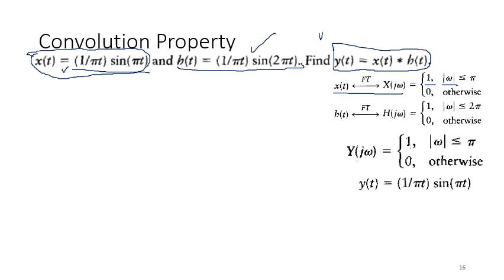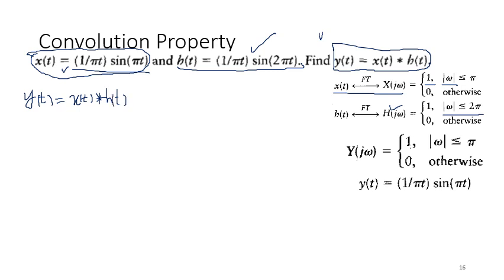Similarly, for the impulse response signal, its Fourier transform is equal to 1 when the absolute value of omega is less than or equal to 2 pi. You know that y of t is equal to x of t convolved with h of t.